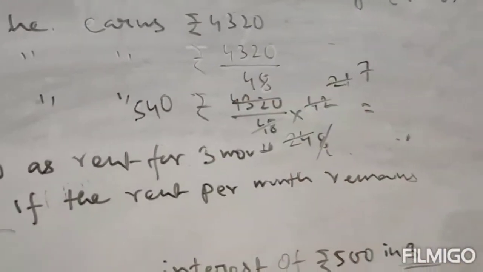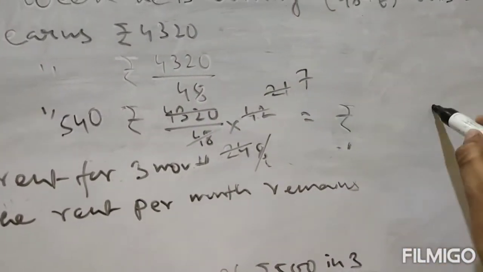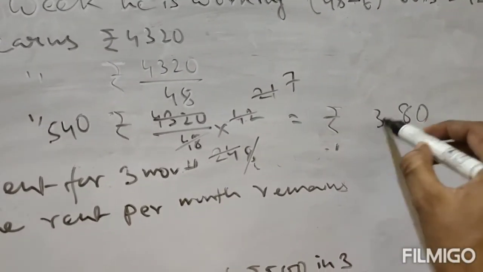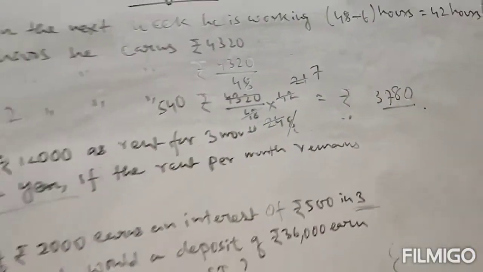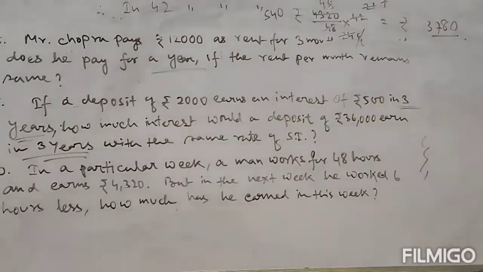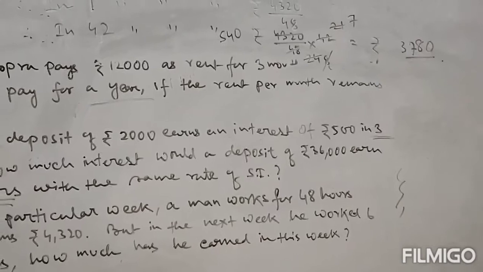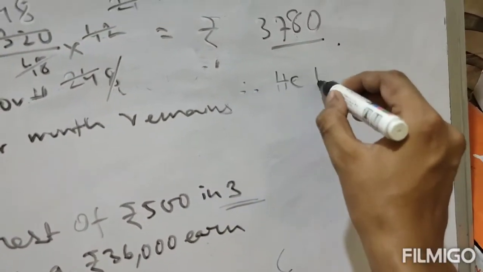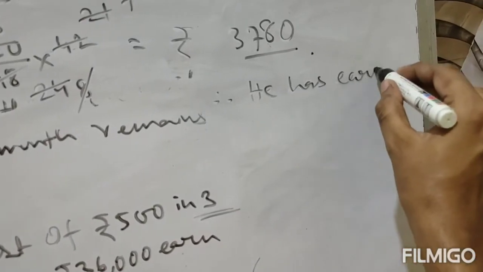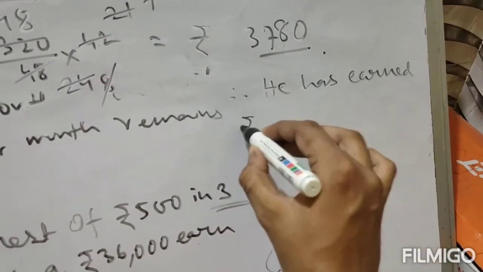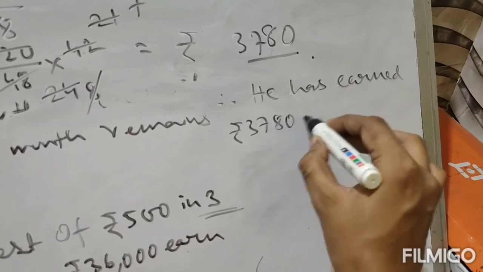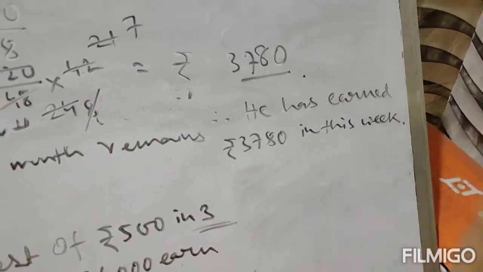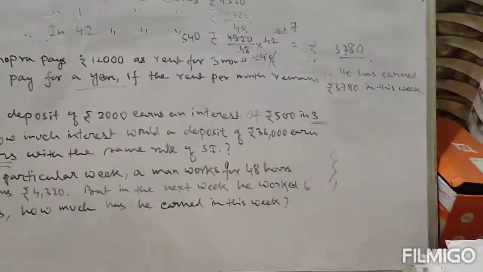So now multiply 7 into 540, that means 3780 rupees. Therefore he has earned rupees 3780 in this week. So just write, therefore he has earned rupees 3780 in this week. That is the answer.